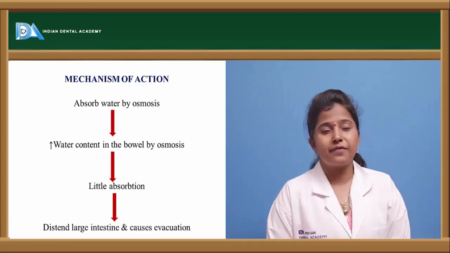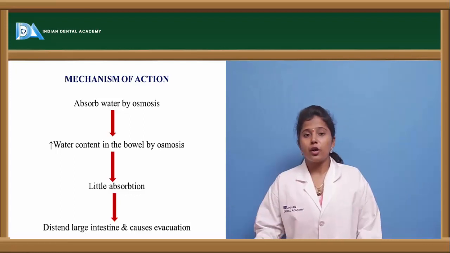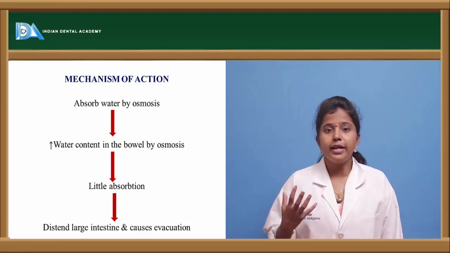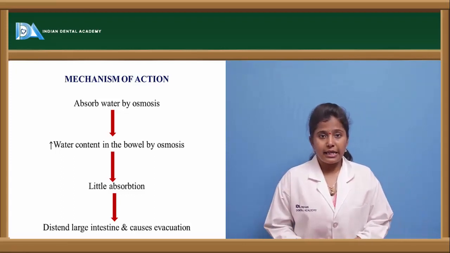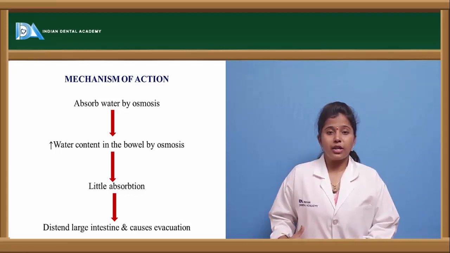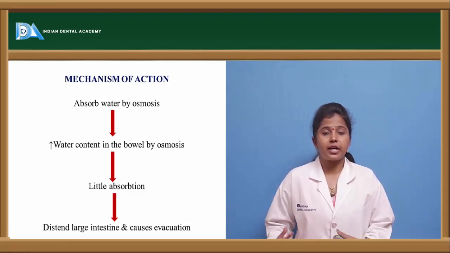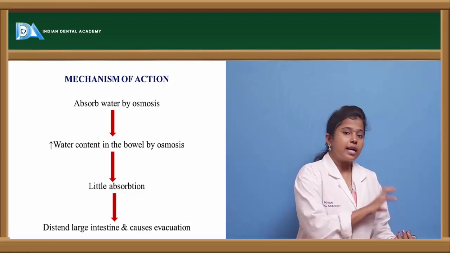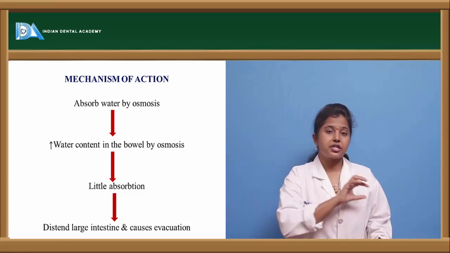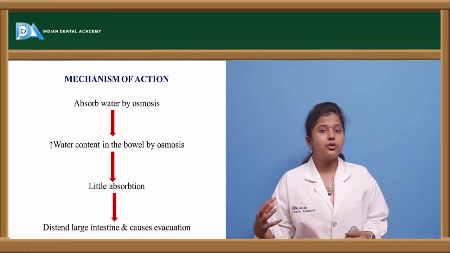What is the mechanism of action? Because of osmosis, water is drawn in. When these osmotic purgatives are in the gastric region, they aid the movement of fluid molecules from the region of higher concentration, the outer region, into the intestine.